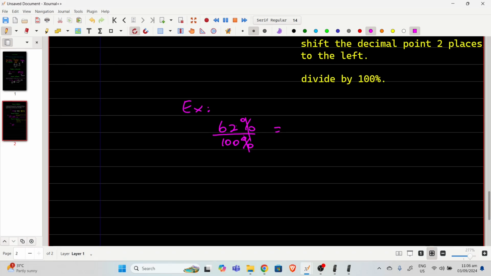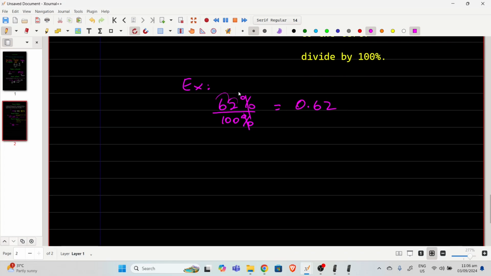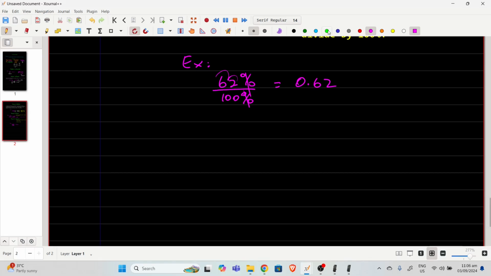And then 62 means 2 decimal places, so we get 0.62. All right. And then we want to convert from percentage to fraction. This here is all you have to do when you're converting from percentage to fraction. Percent to fraction.